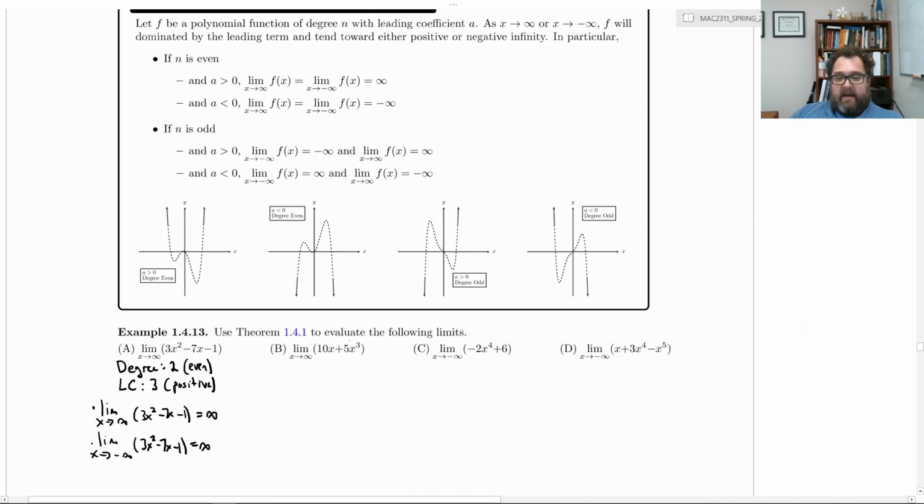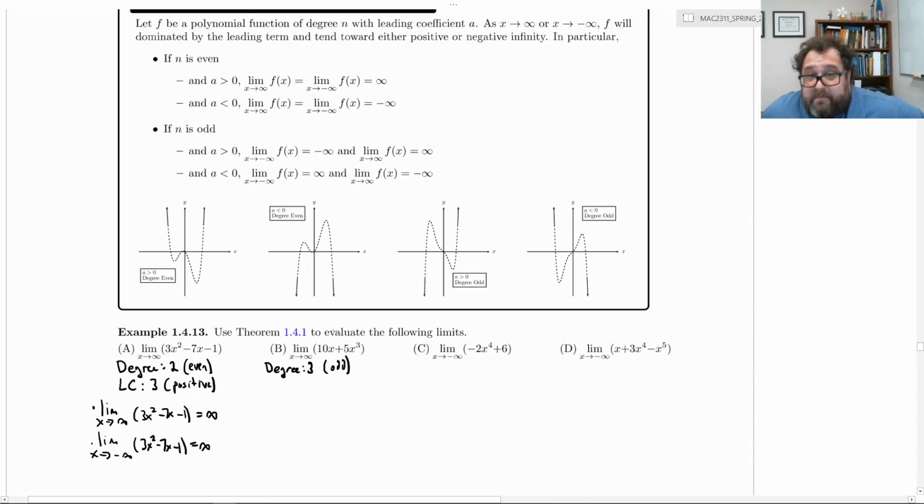Example B, we have, what's the highest power of x? It's 3. So the degree is 3, which is not the final information. The final information is 3 is an odd number. Now, what is the leading coefficient? Now, be careful here.